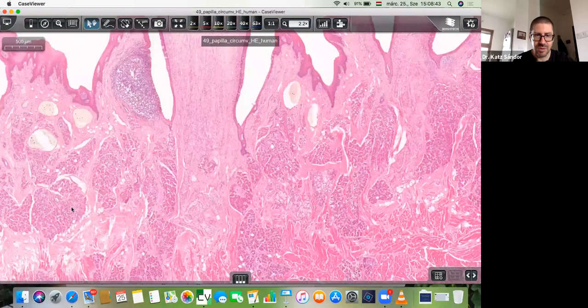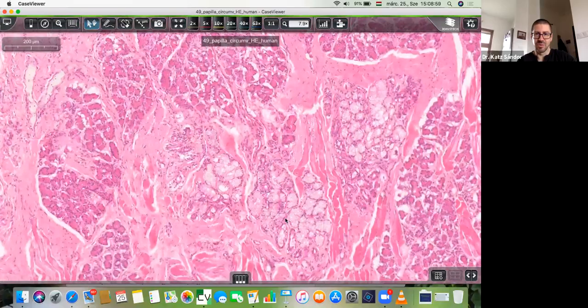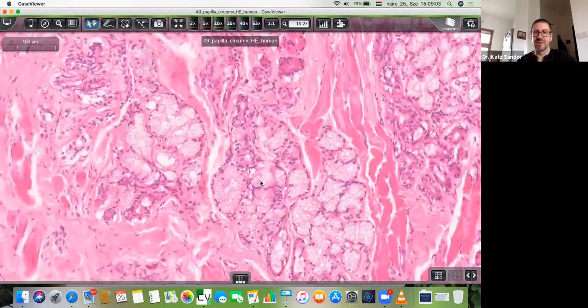Looking at this aspect, these are the serous ones. Only the serous ones are von Ebner's glands, because, you remember, in the tongue we can also find some other, usually mixed glands. And zooming in on this area, here we have mucus, mainly mucus glands. So these are not the von Ebner's glands.